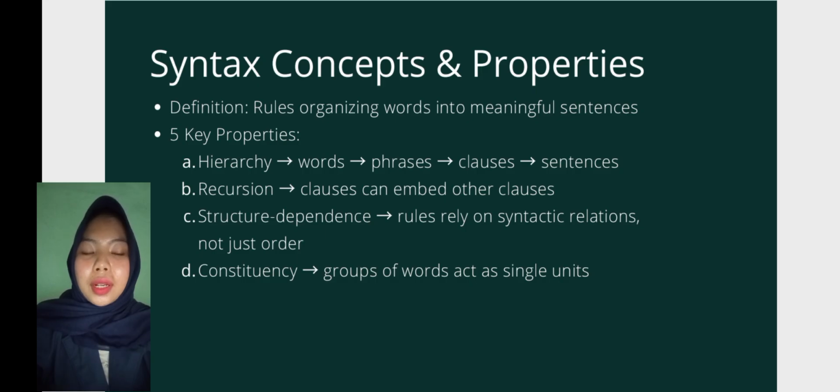The third is structure dependence. Grammar depends on the structure, not just word order. The fourth is constituency. Groups of words can function as a single unit. And the last is productivity. We can create unlimited new sentences using finite rules. These properties show that syntax is not just grammar, it is a system that reflects the creativity of human language.